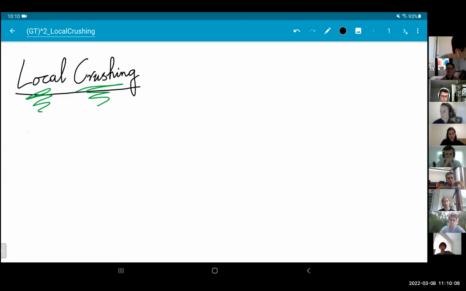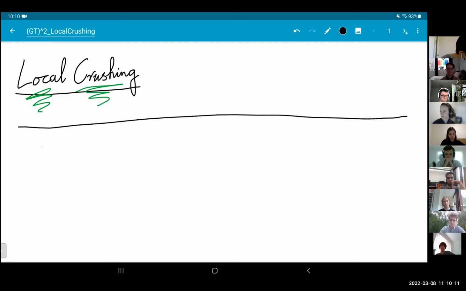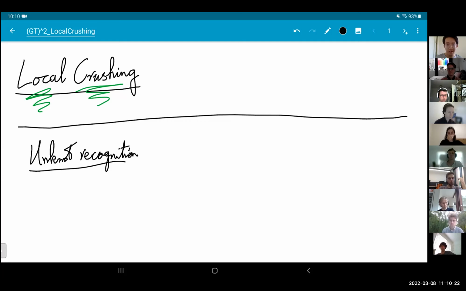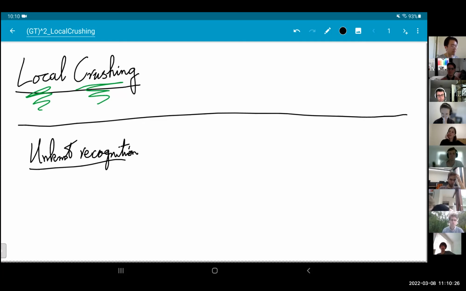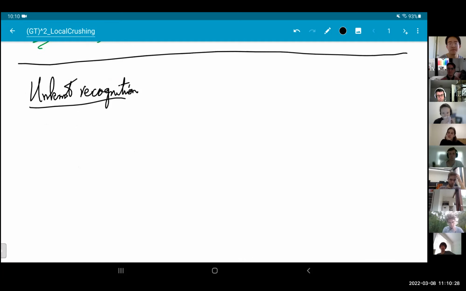So I'm going to choose unknot recognition as the problem and try to explain how crushing gives us a solution. By solution, I mean an algorithm for unknot recognition, and not just an algorithm, but one that is pretty effective in practice. It's coded up, and you can actually run it.